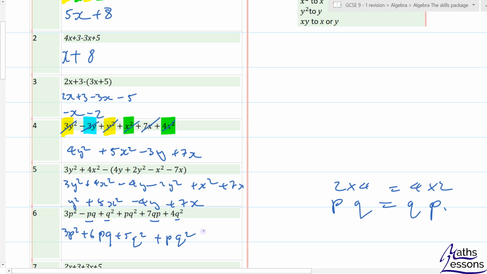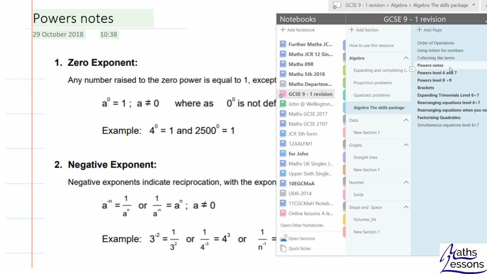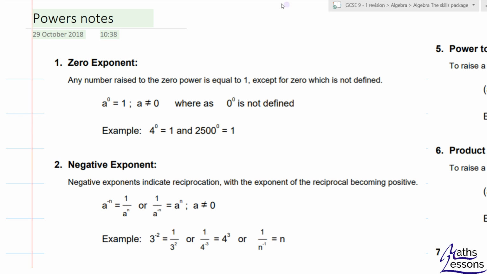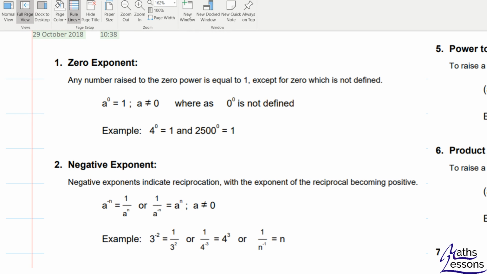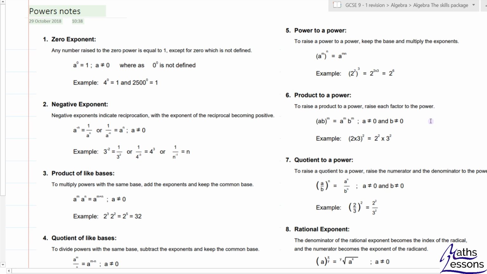Okay. Right. That's some powers. You'll see in the sheet. These are the power theorems you need to know. You need to know anything to the power of 0 is 1. You need to know that a negative power of something means 1 over that thing, so 3 to the minus 2 is 1 over 3 squared.